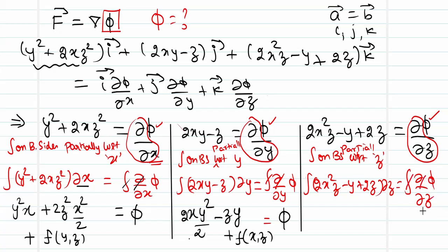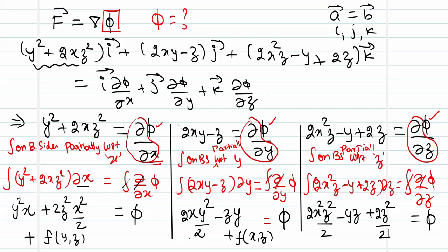Dou and integral cancel off, leaving you with phi equal to, come on, let us integrate this partially with respect to z. With respect to z, 2x square is a constant, z on integration is z square divided by 2, minus y constant, on integration gives you z, plus 2z on integration is z square divided by 2.